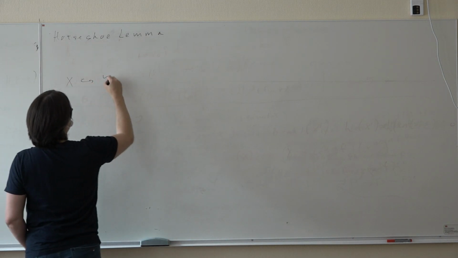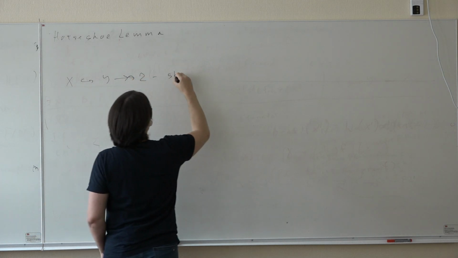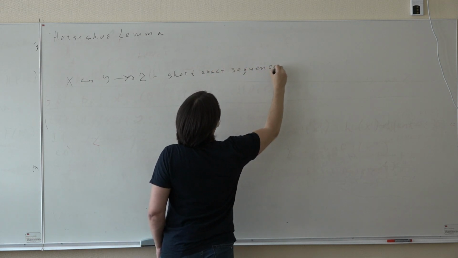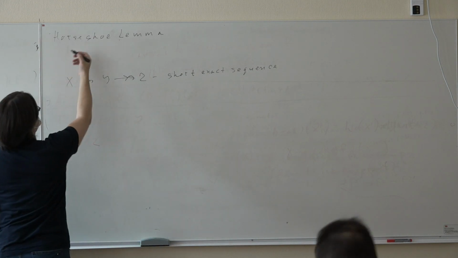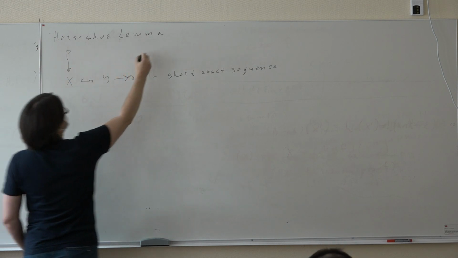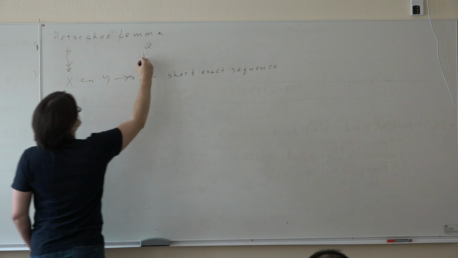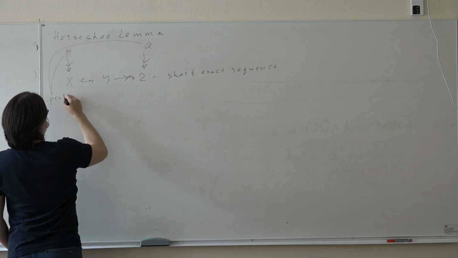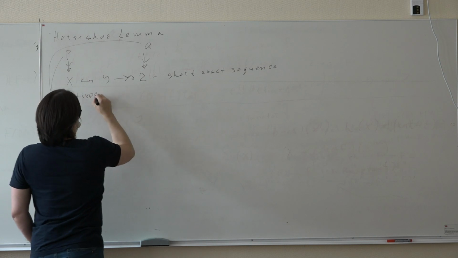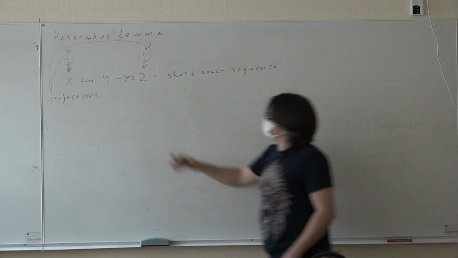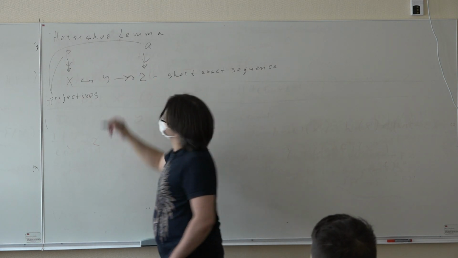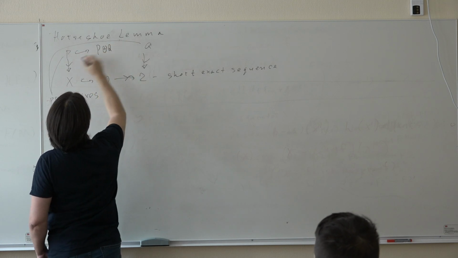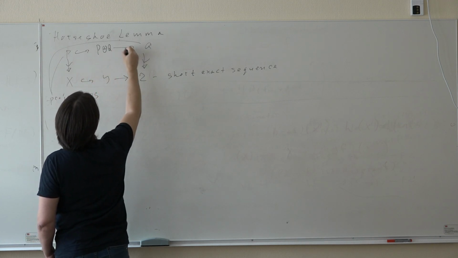Suppose you have a short exact sequence, and suppose you have here P and Q, projective modules P and Q with epimorphism from P to X and from Q to Z. Now you write P plus Q. Here the standard inclusion, here the projection.